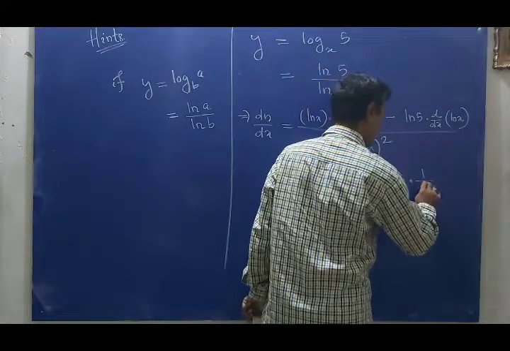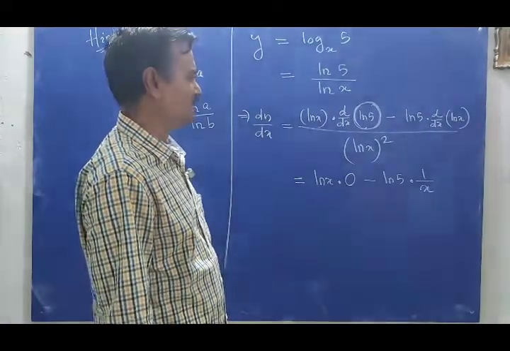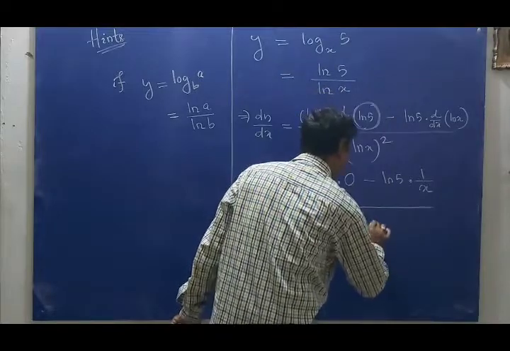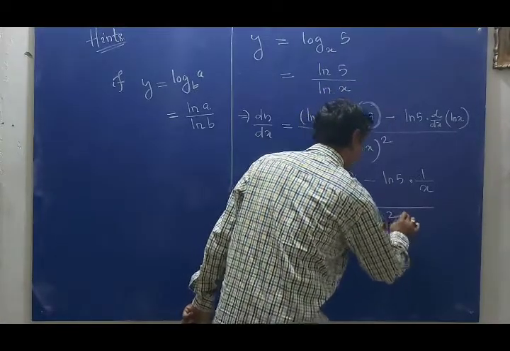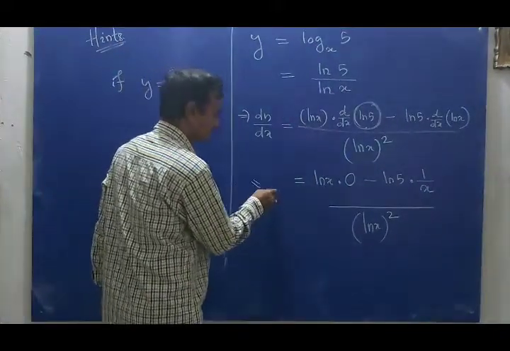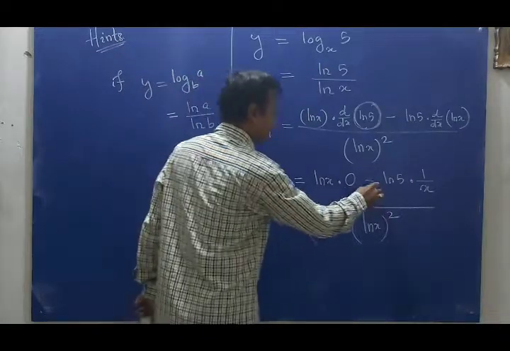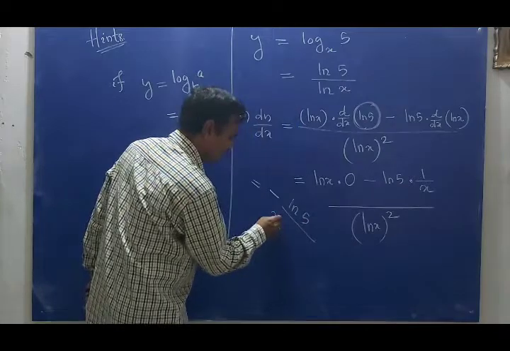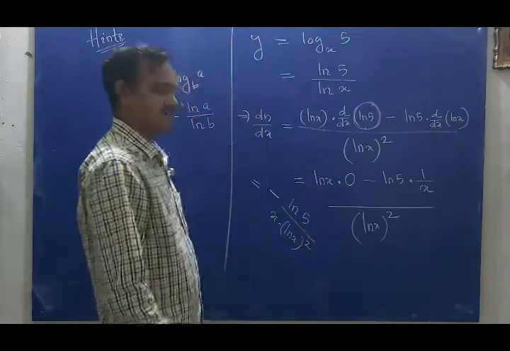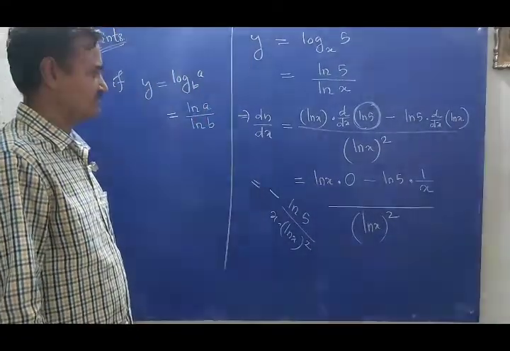What is the formula? 1 by x, derivative of ln x, by ln of x whole square. So it is equal to minus ln 5 by x into ln x whole square.